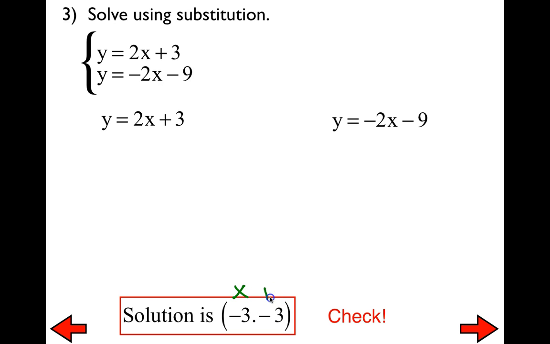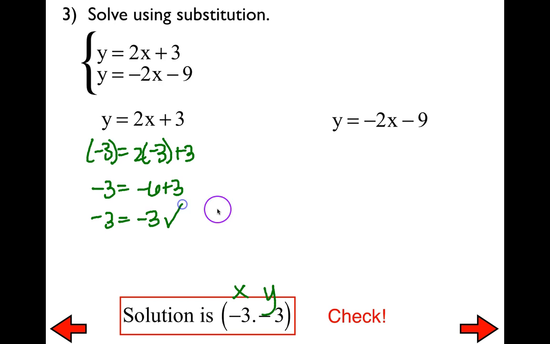Here, this is the x, this is the y. In this case, they're both the same, doesn't really matter. Negative 3 equals 2 times negative 3 plus 3. Negative 3 equals negative 6 plus 3. Negative 3 equals negative 3. This is true, so it works for the first one. Here, negative 3 equals negative 2 times negative 3 minus 9.